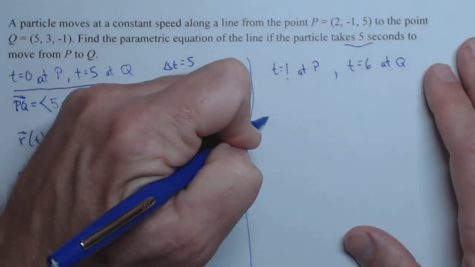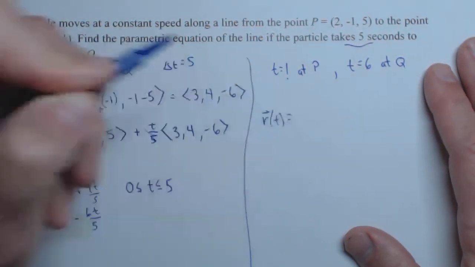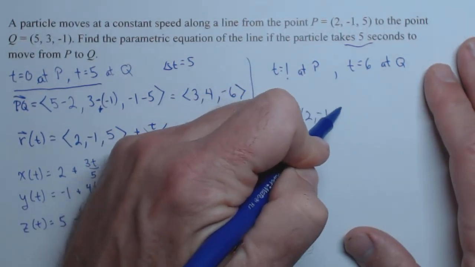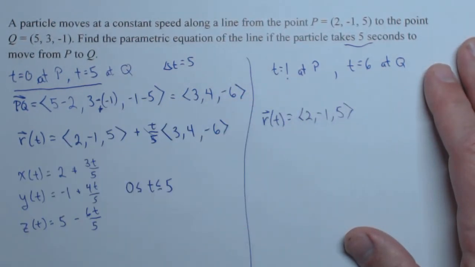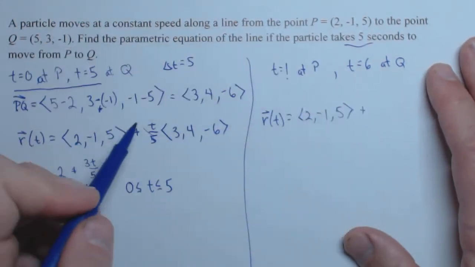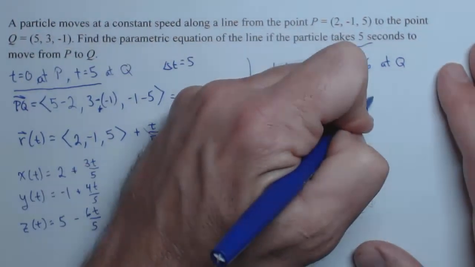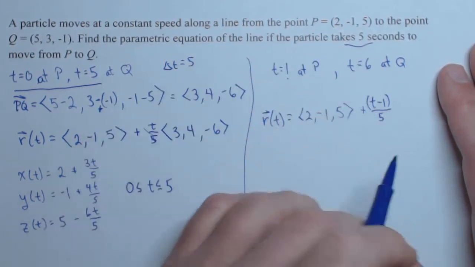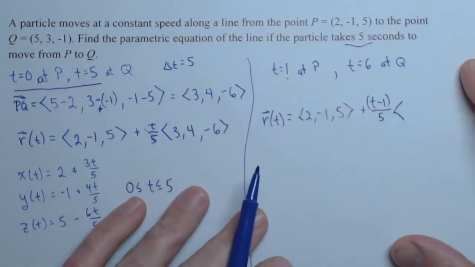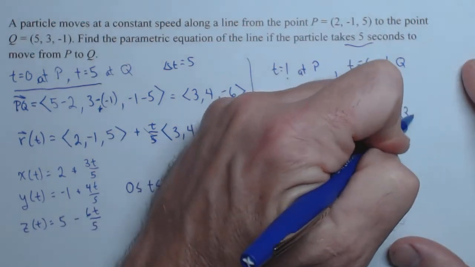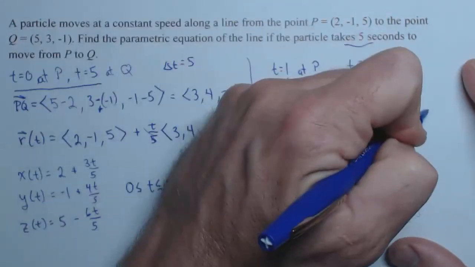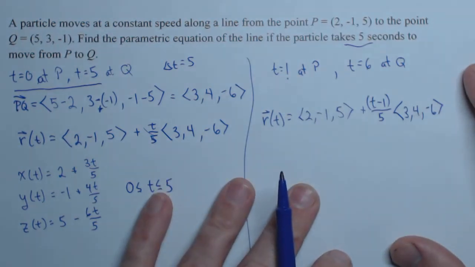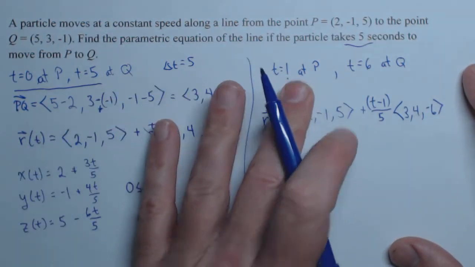So when I calculate that r of t, which we had with the vector (2, -1, 5), again this is a vector valued function, instead of putting t here, I'm going to put t minus 1. Probably don't need parentheses there, but it's not going to make it wrong to put them in. Everything else stays the same. This is a neat little way of handling parametric equations if we change the starting time.